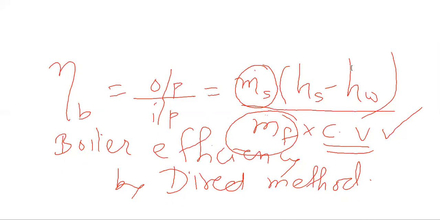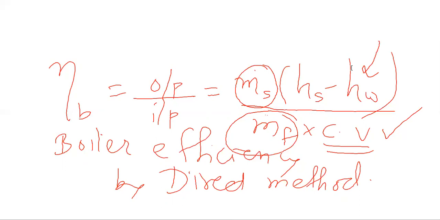So now if I am to determine the boiler efficiency by direct method, I would be taking the readings of fuel consumption, and either the water consumption or the steam generation rate of the boiler. What else would I require? I would be required to find the enthalpy of the feed water. Now how do we find the enthalpy of the feed water?